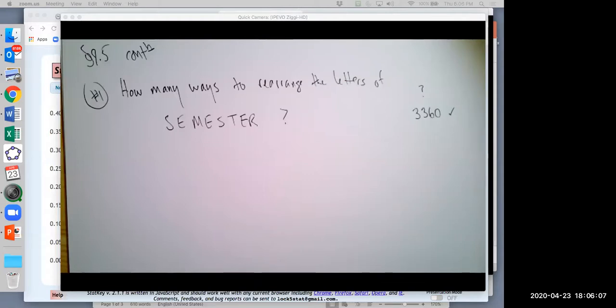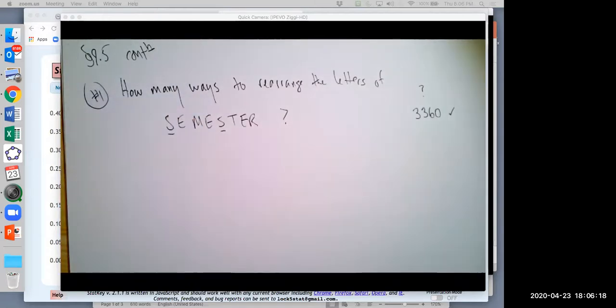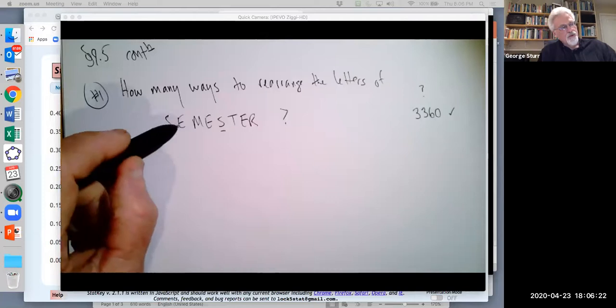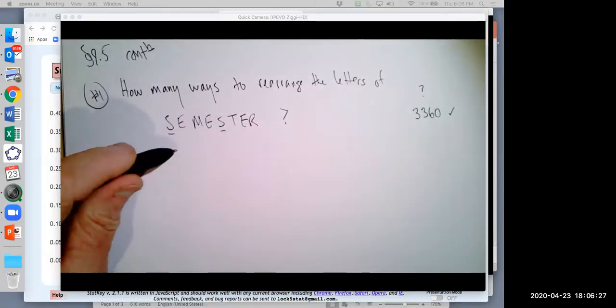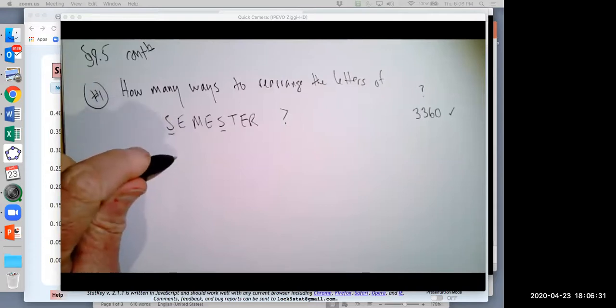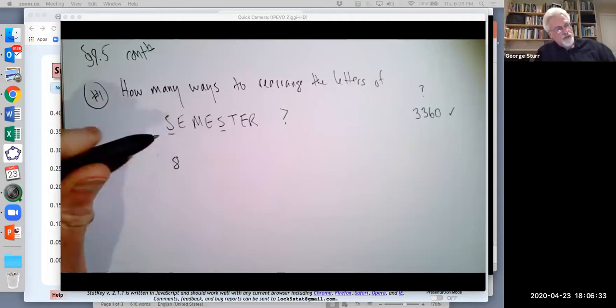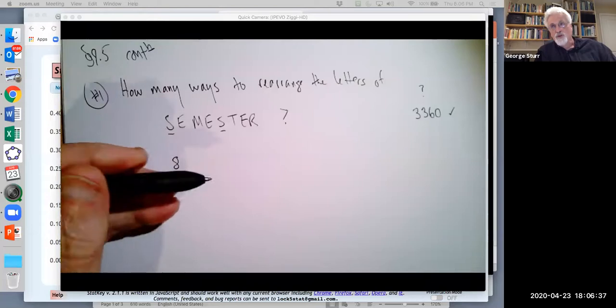Diksha? Yes. You want to tell me how you got it? So there is a 2s, right? Okay, well, there's 1, 2, 3, 4, 5, 6, 7, 8 positions. Yeah, 8 letters. So what are you going to do? 8 and 2. Meaning, if you're gonna say a combination of two things taken from 8, or 8 choose 2.